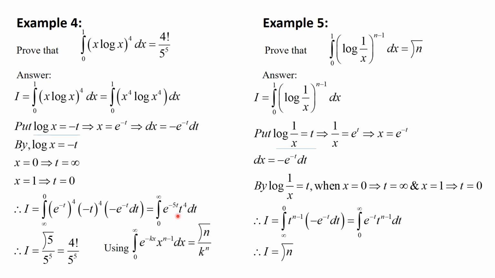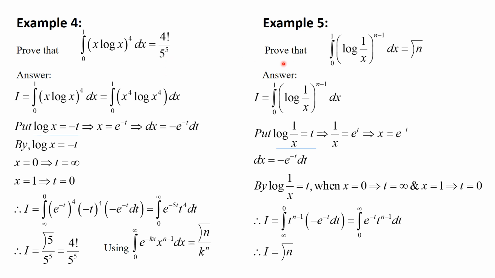So if we use k is equal to 5 and n is equal to 5, the result turns to gamma 5 divided by k raised to n, that is 5 raised to 5. As we know, for integer values gamma function is nothing but factorial n minus 1.